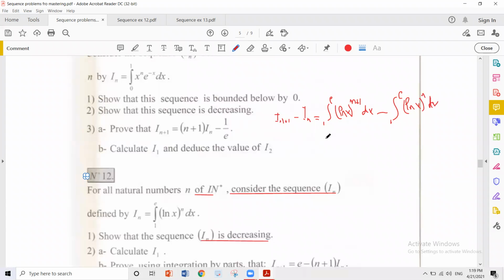What can we do with this integral? Integral minus integral. Shall we calculate the integral?